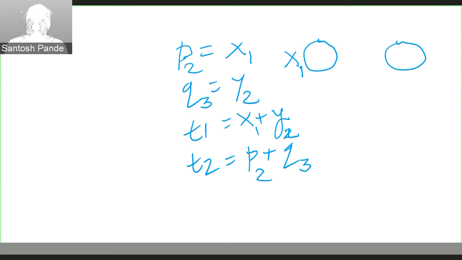Now P2 is of course the same as X1, and so this node is also labeled P2. This particular node carries the same labels, X1 and P2. Similarly, Y2 and Q3 will get assigned to this.